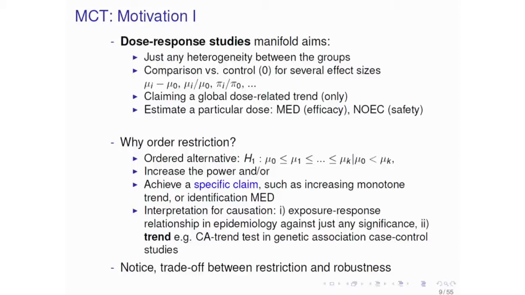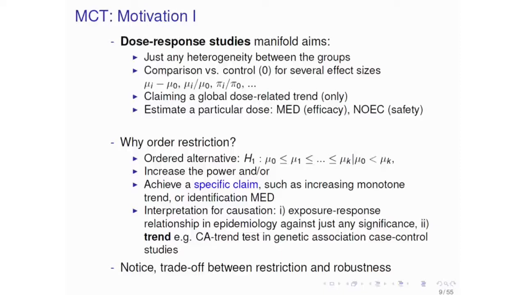And the price you pay is a brutal trade-off between restriction to the alternative and robustness. It's very clear: if you restrict your alternative to an exactly linear alternative and it's non-linear, that's not a good idea.